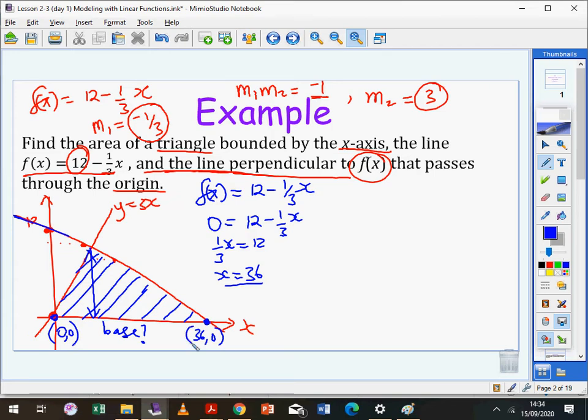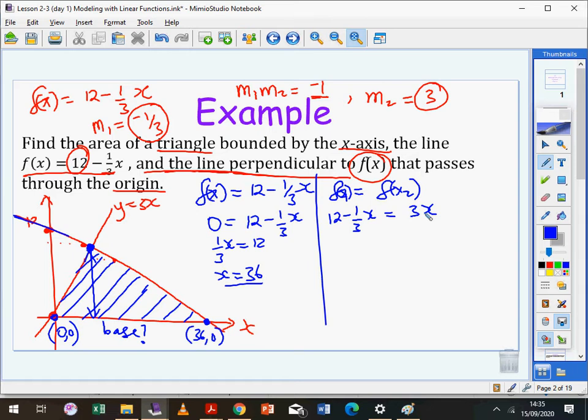The other point I need to find is this point of intersection of the two functions. At that point, f of x1 is equal to f of x2, where f of x2 is the perpendicular line. Now, f of x1 is 12 minus 1/3 of x, and f of x2 is 3x. I know that at that point they should be equal because they are intersecting. I'm going to solve this equation for x to find the x value of that point.